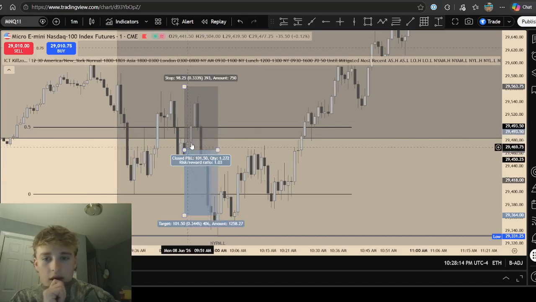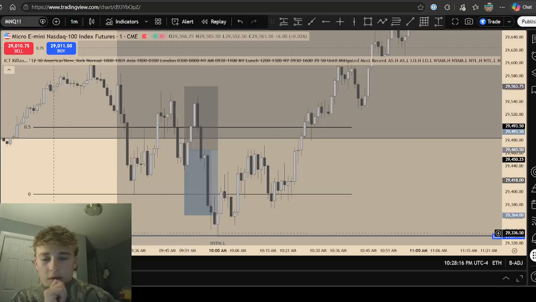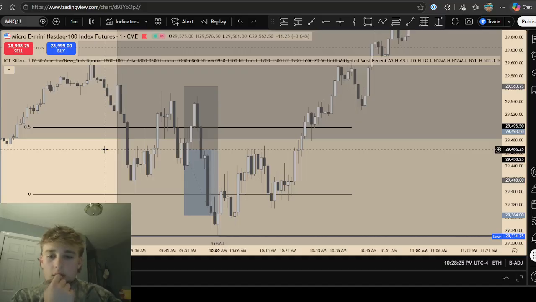So even though it went up and came back down and I would have hit full TP, I ended up losing that trade that day for minus 213 bucks, which pissed me off. I'm not gonna lie, I didn't know that was a thing, but it is what it is, I guess.